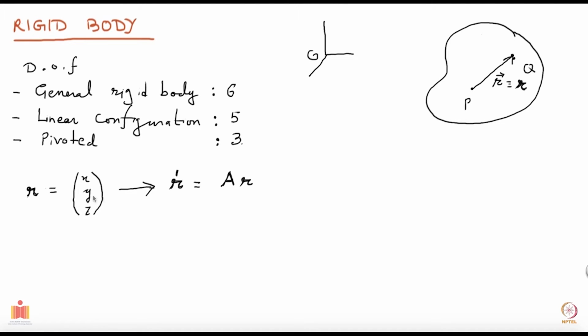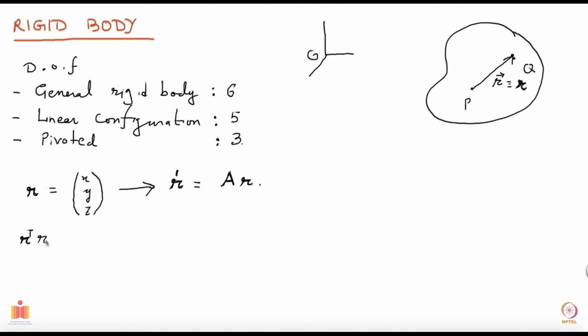Your R is going to become R prime, which is A times R, and A is some matrix which we want to figure out. Let's do the very first thing which we would like to do: let's look at R transpose R.